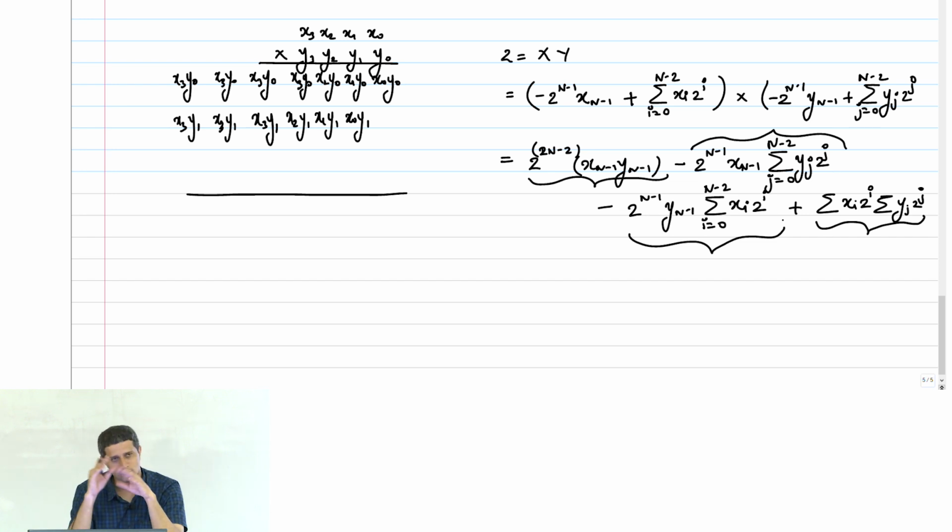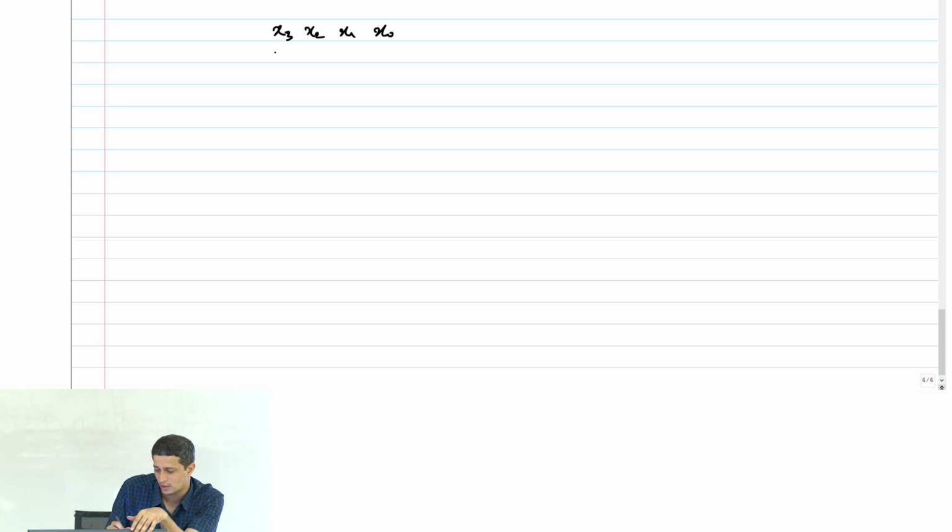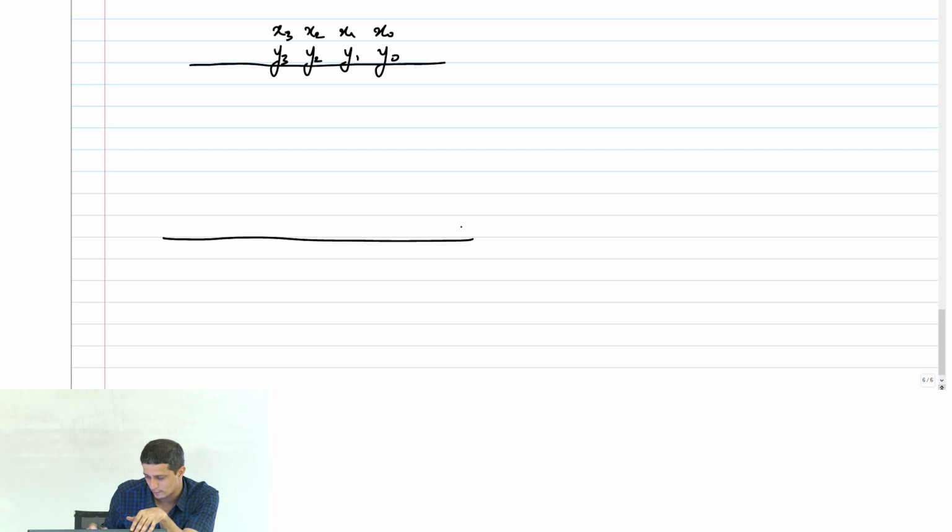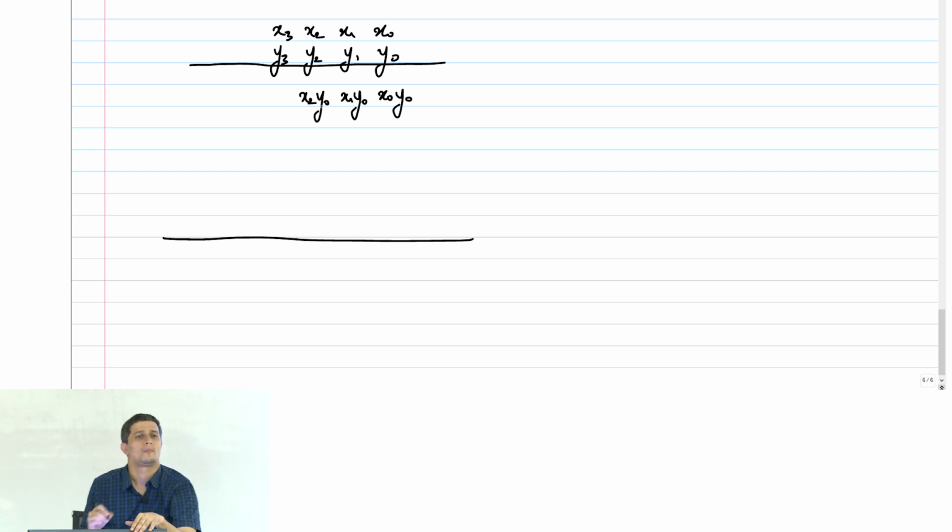So what we'll do is exactly that in the following multiplication: x3, x2, x1, x0 times y3, y2, y1, y0. I will just write x0y0, x1y0, x2y0. Positive numbers, no problem.